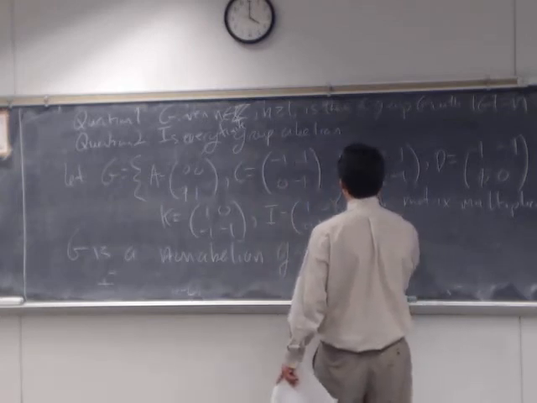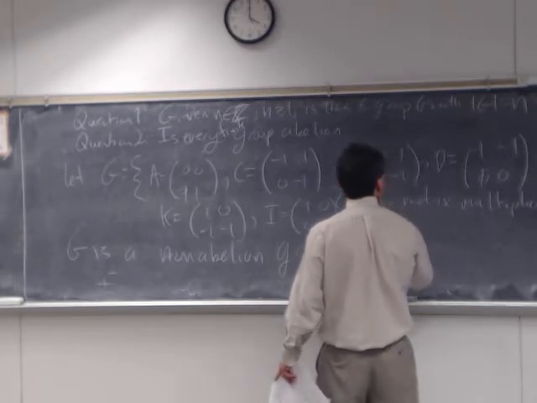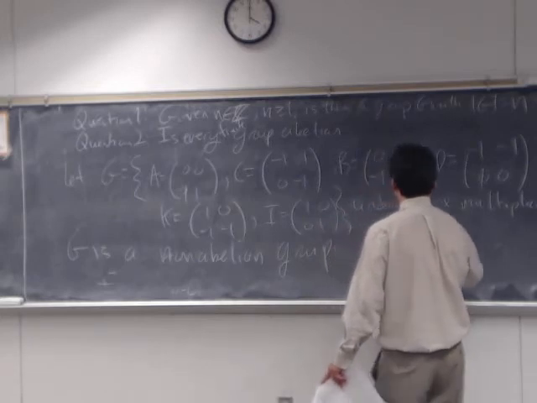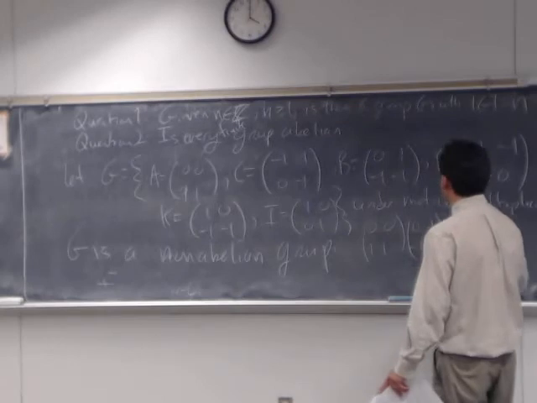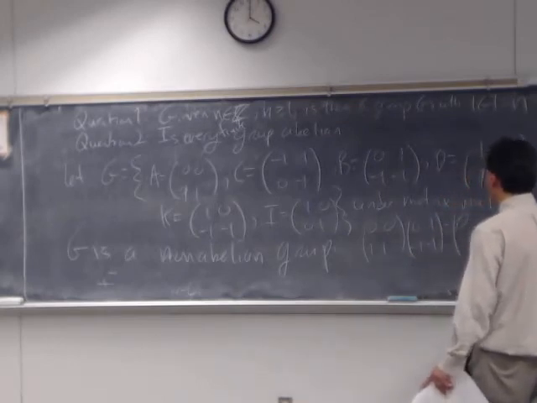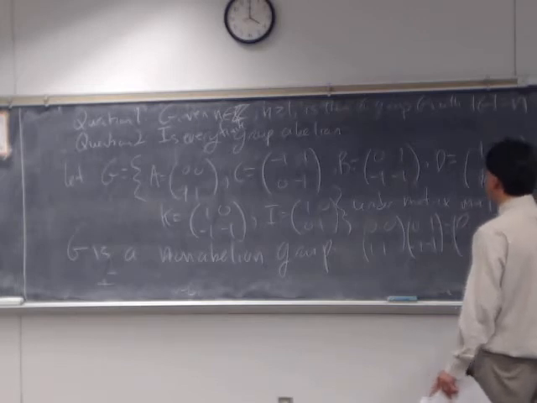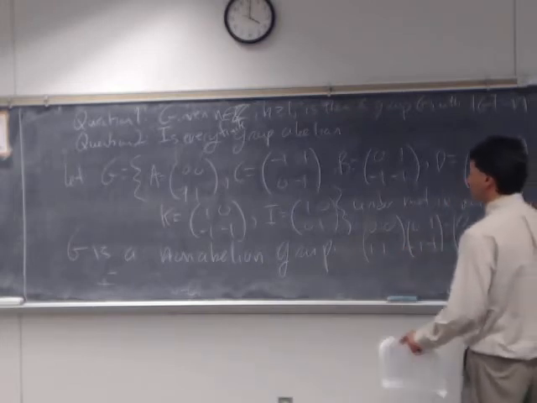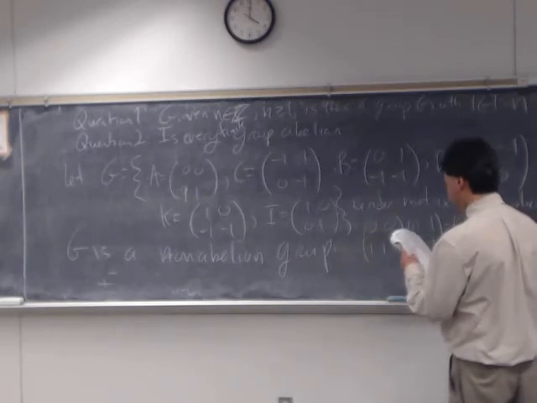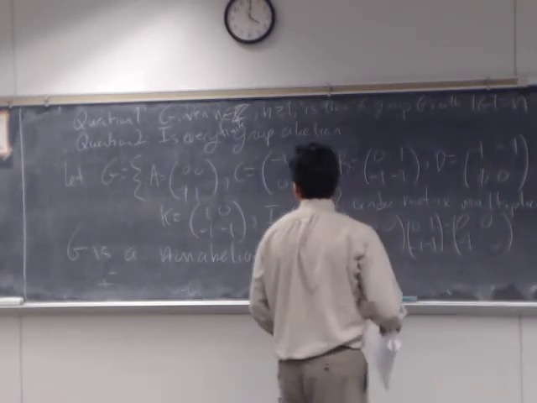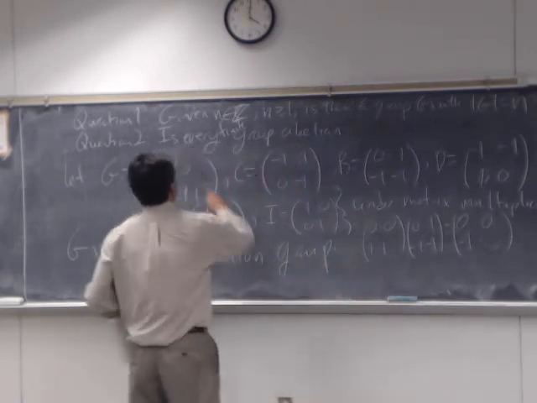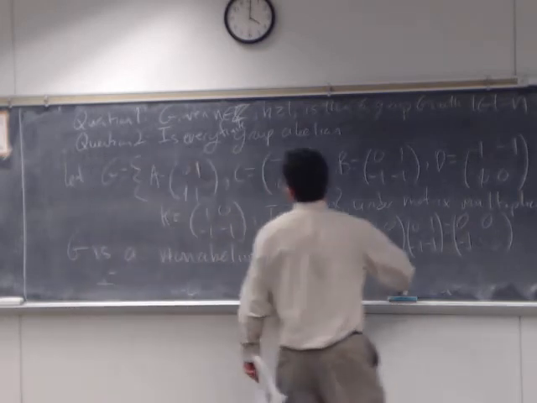So if we look at A times B, that would give us a 0 up there. And it's got 4 other entries. We can probably figure them out. That would give us a 0 here, a -1, and, oh, I'm sorry, I miswrote A. A would be a 0, 1.